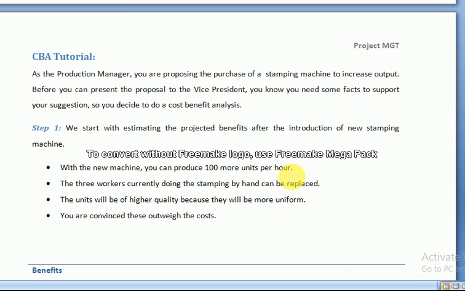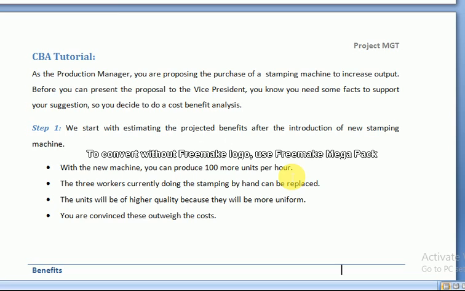The 3 workers currently doing the stamping by hand can be replaced. If you change to automatic machinery, the total work will be done by machinery.